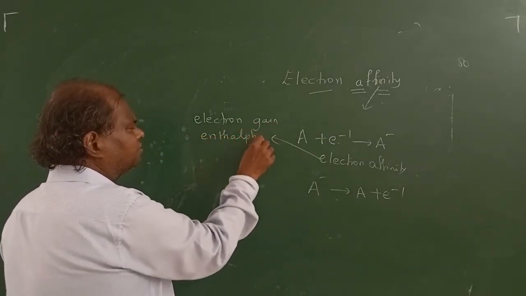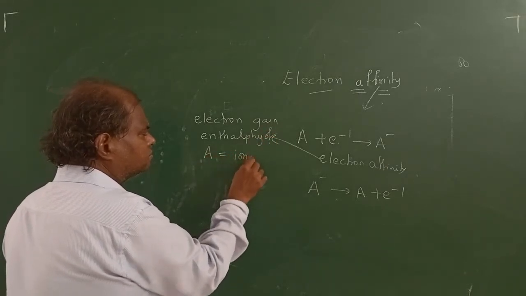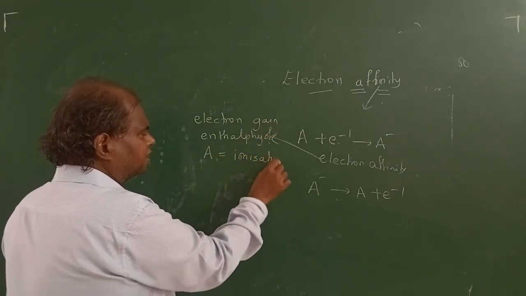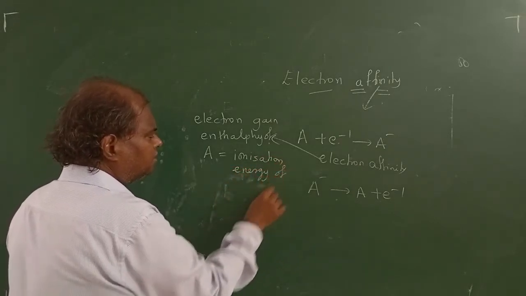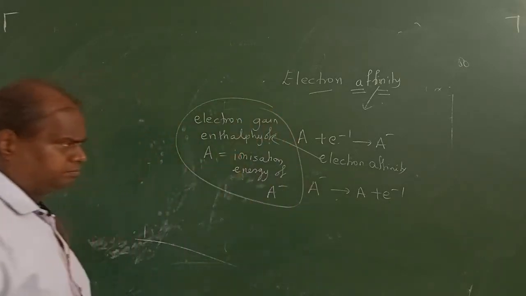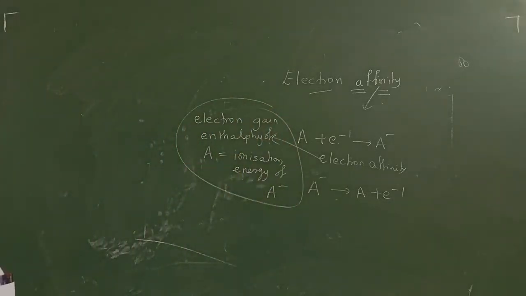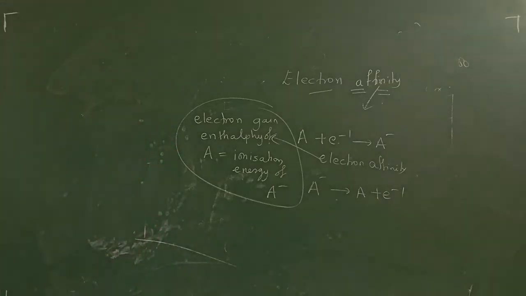Electron gain enthalpy of A is equal to the ionization energy of A minus. Just note it down.